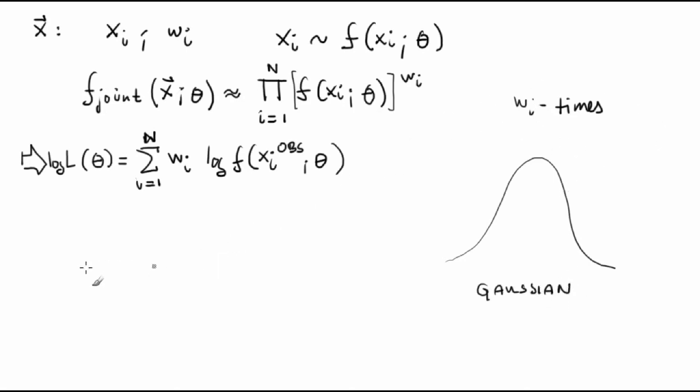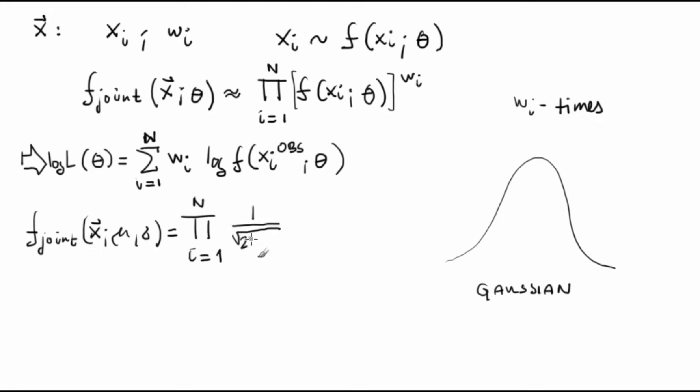The joint probability density function for the set of weighted events is then f joint of x vector with parameters mu and sigma equals the product for i going from 1 to n of 1 over square root of 2 pi sigma squared over w_i times exponential of minus x_i minus mu squared over 2 sigma squared over w_i.